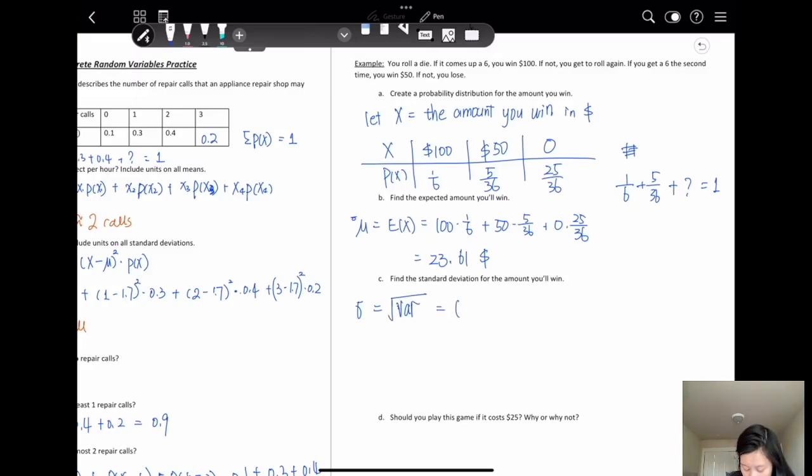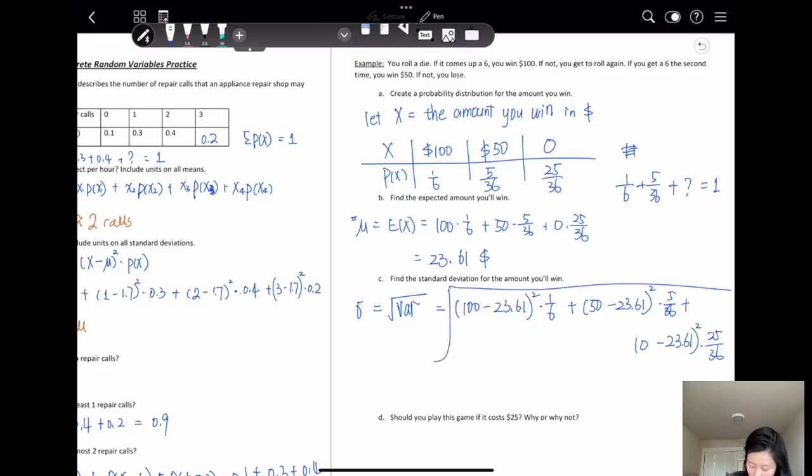So that equals 100 minus 23.61 squared times 1/6, plus 50 minus 23.61 squared times 5/36, plus 0 minus 23.61 squared times 25/36, and then take the square root of the whole thing. Again, let's use the spreadsheet to do it.